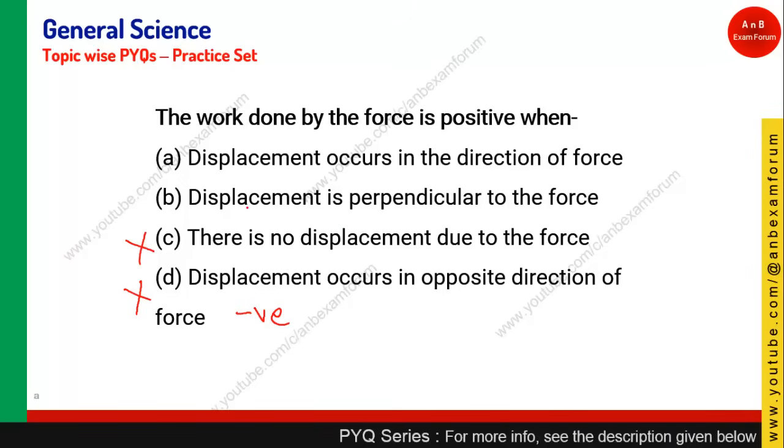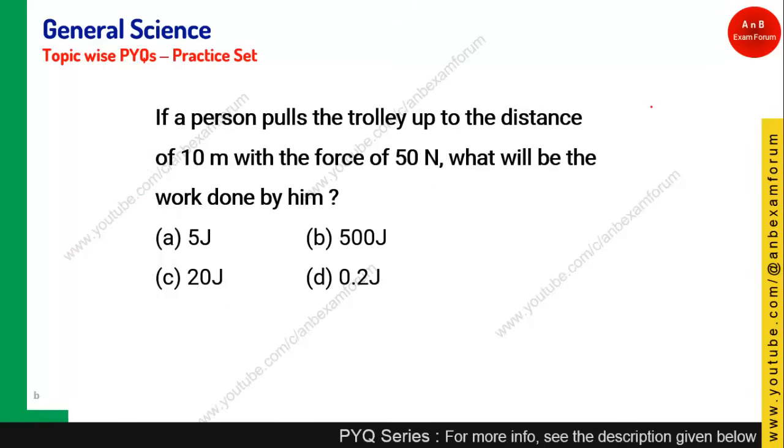And if displacement is perpendicular to the force, the angle theta becomes 90, and in that case again work done is 0. So we are left with option A, when displacement occurs in the direction of force. So if force is applied here and displacement is also in this direction, work done is said to be positive. So those who have given option A, they are right.